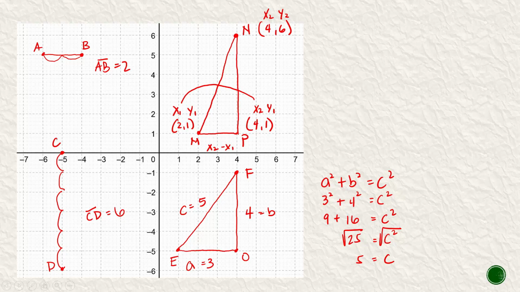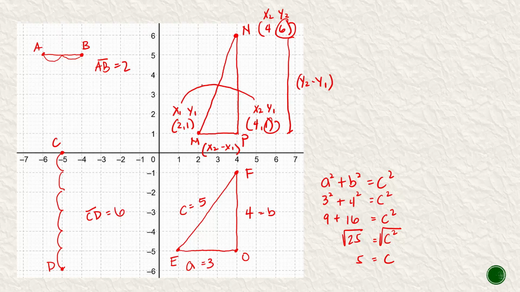Now if we want to know the distance between N and P, we know that that's 5, right? So that's the same as y2 minus y1. See that? 6 minus 1. 6 is y2, 1 is y1. So that's the same as y2 minus y1. So we have this, and then we have this.